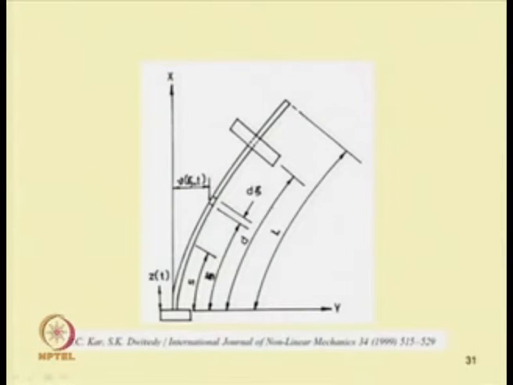The product of two velocity terms and u double dot are acceleration terms. So, these last two terms are inertia nonlinearity. In this case, one can observe a geometric and two inertia nonlinear terms.